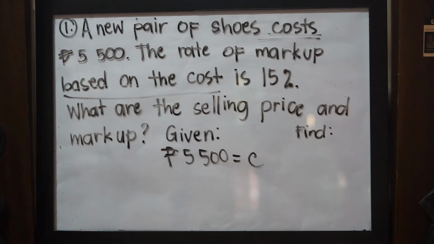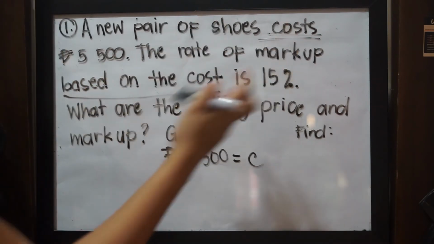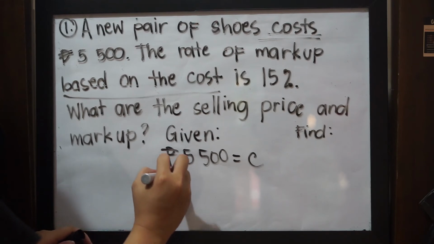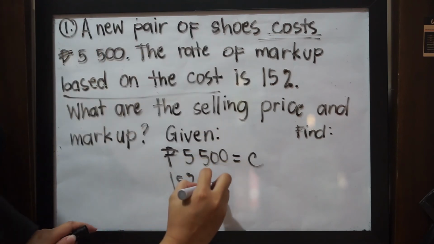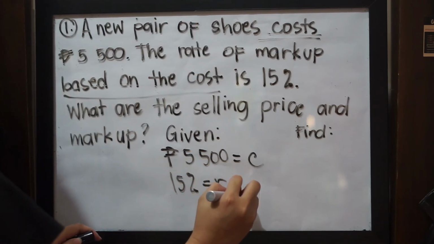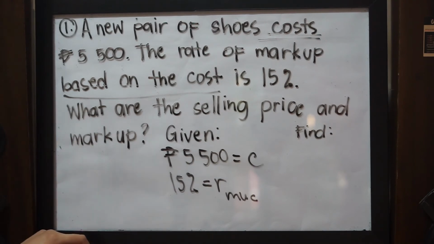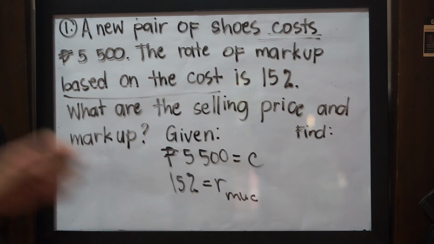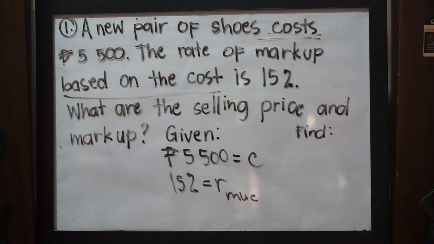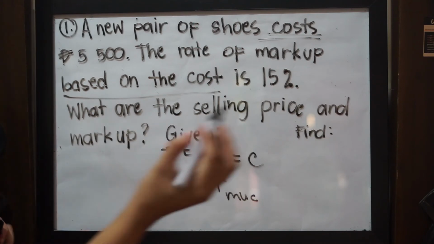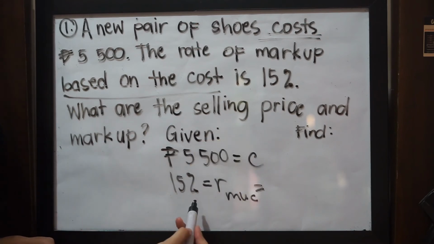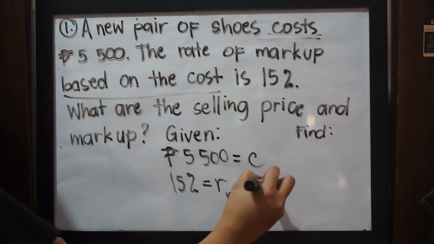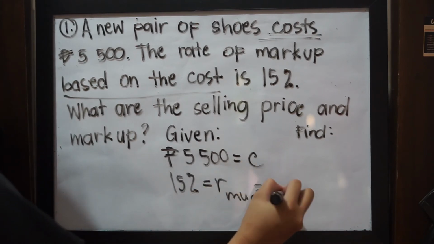Next, the rate of markup based on the cost is 15%. The abbreviation for rate of markup based on cost is R sub MUC. Kailangan pong ilagay yung based on cost or yung C for this one kasi para hindi kayo malito if what formula are you going to use. And then, since this is in percent, we have to rewrite this as a decimal number since we cannot compute numbers with the percent symbol. So, 15% will become 0.15.